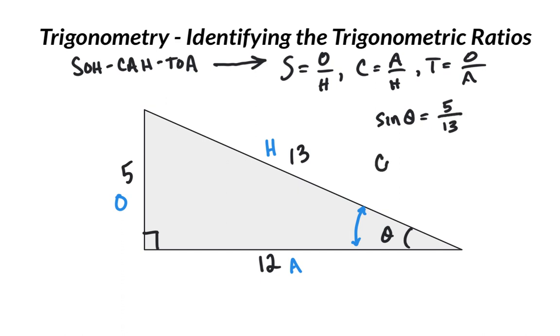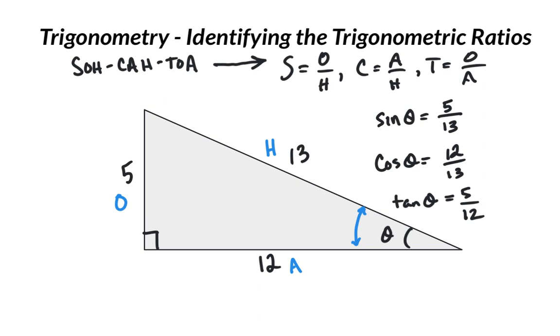Then the cosine of theta is the adjacent over hypotenuse, and the tangent of theta is equal to opposite over adjacent.